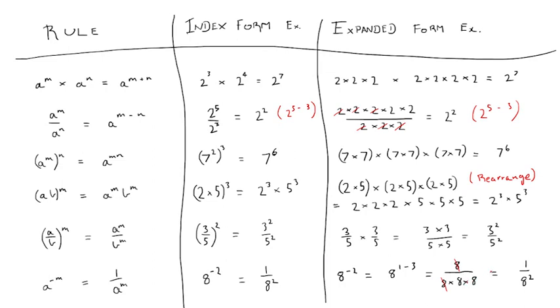Okay. And if I cancel out two of these 8s, I get 1 on the top and 8 times 8 on the bottom, which is 8 squared. Now, you don't necessarily need to know why all of these index laws are true, but I think it helps a lot.